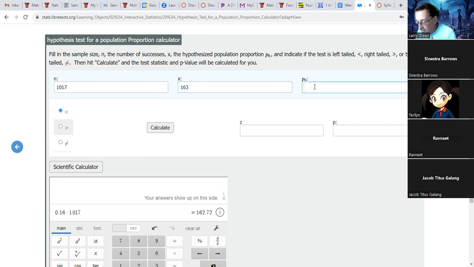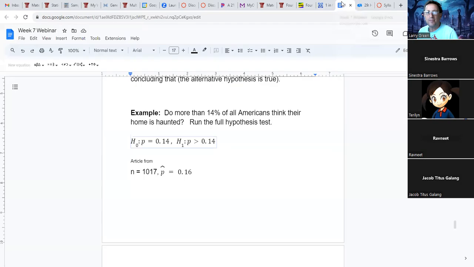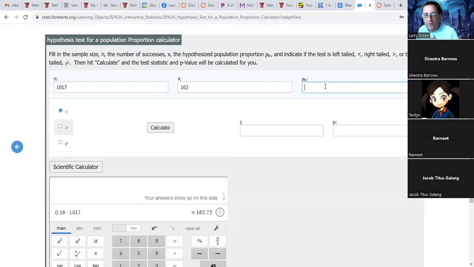The P naught? What was the P naught? So what's a P naught? Yeah, 0.14. Okay, so P naught is 0.14.